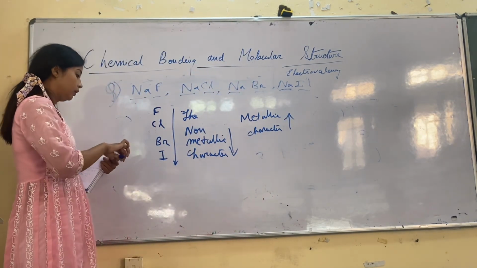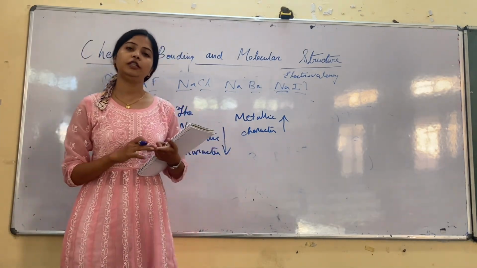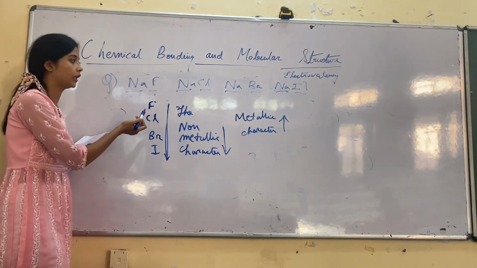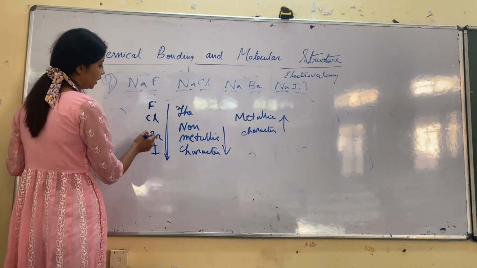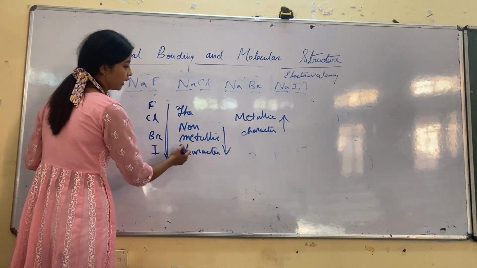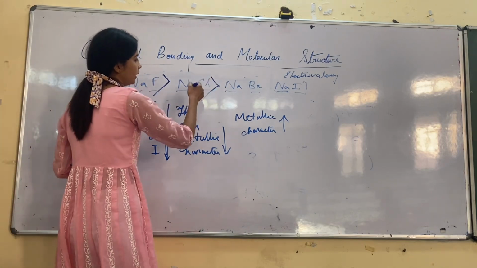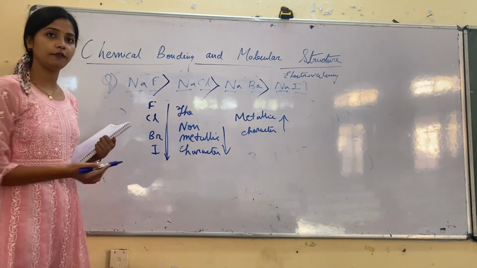So now the question is, what makes a compound more ionic? Either the metallic character or the non-metallic character has to be increased. Here we can see F, Cl, Br, I. Down the group the non-metallic character decreases. Thus NaF is more ionic than NaCl, then NaBr, then NaI. This is the trend that it follows.